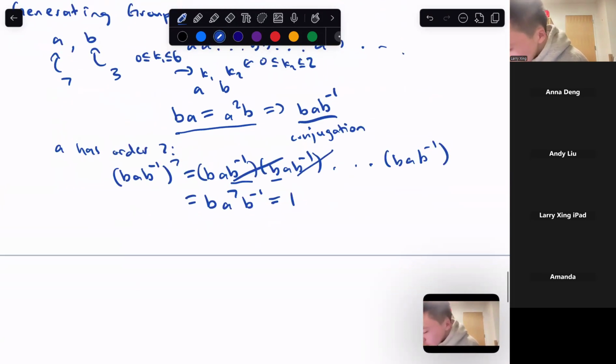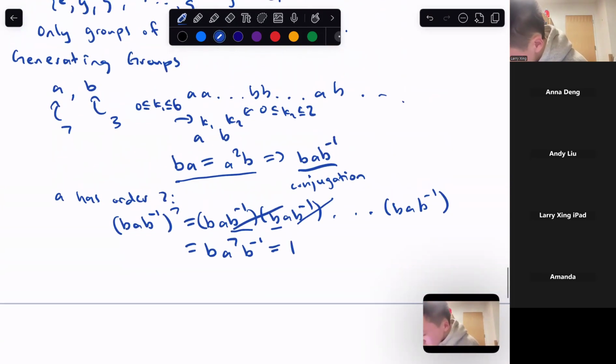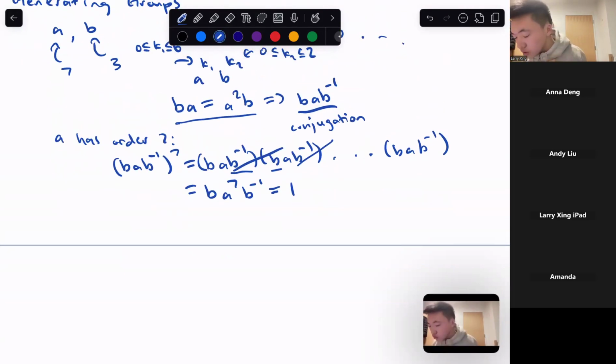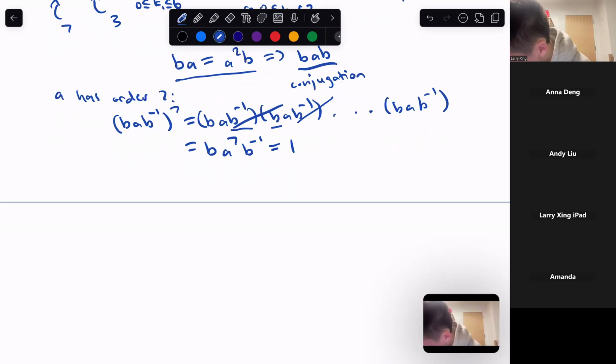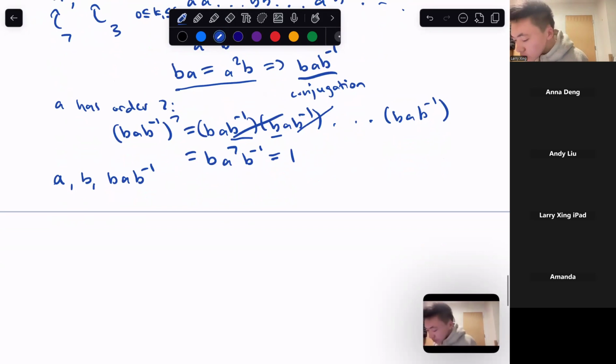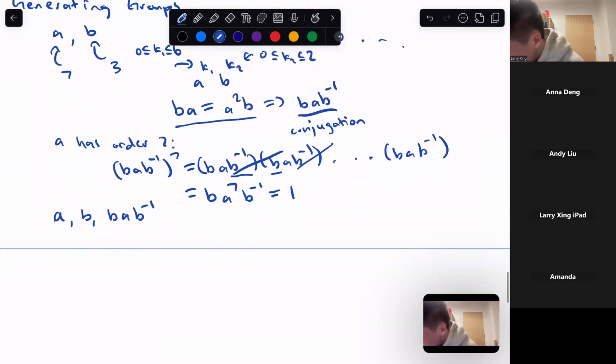So if we want to generate a group with order like 21 from two different elements, we need to define the order of A, the order of B, and how A and B conjugate with each other, so B^-1 A B. Once we define these three things, we can generate a group from A and B that is exactly order 21.